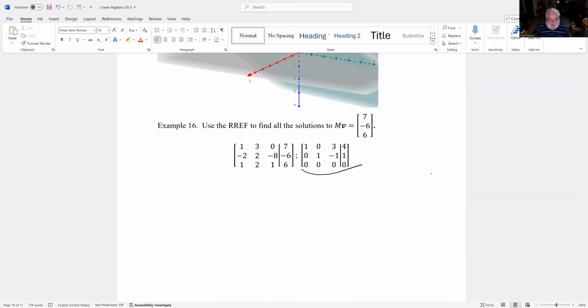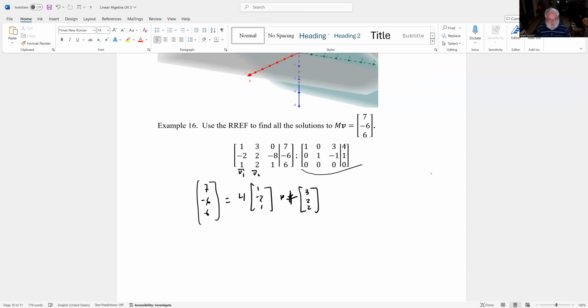We know that (7, -6, 6), if this is vector v1 and this is vector v2, will equal 4 times vector 1 plus 1 times vector 2.